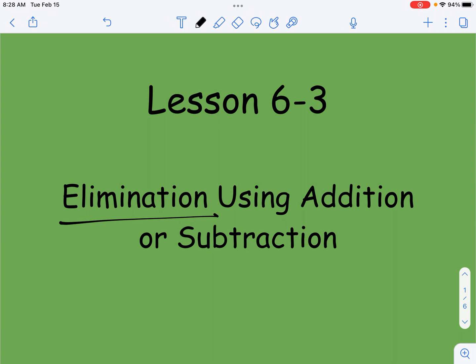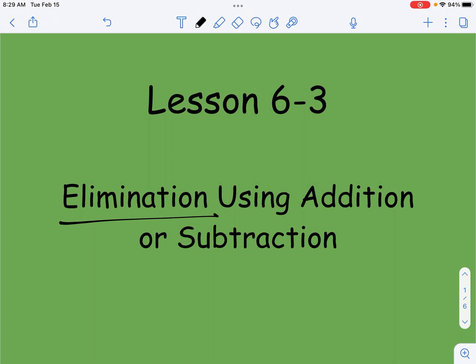As you get comfortable using this method, I think you'll find that it's much more efficient, and once you get a handle on it, I think it's easier than substitution. To be completely honest with you, there are many ways you can screw up using substitution, and elimination gets rid of some of that for you. So hopefully this is your introduction to it, and we'll see how this goes.